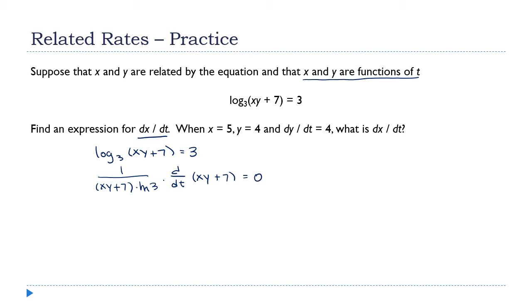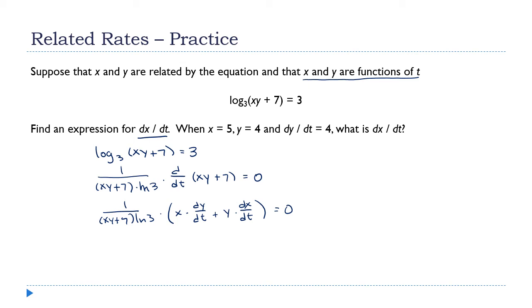I'm just going to hold on to this front part, 1 over (xy plus 7) log of 3, times the derivative of xy. That's a product rule situation. So this is going to be x times dy/dt plus y times dx/dt plus 0, derivative of 7, that's just 0. Equals 0.